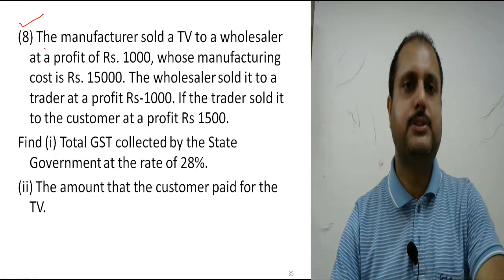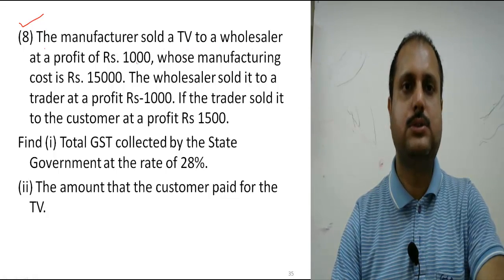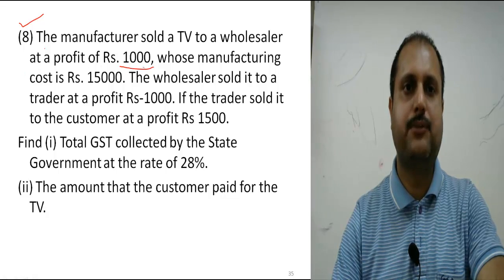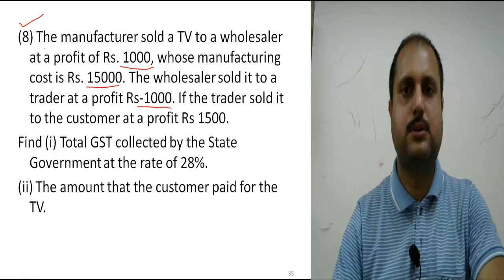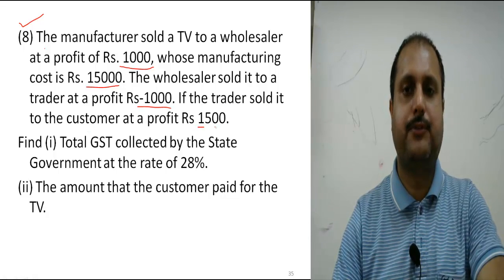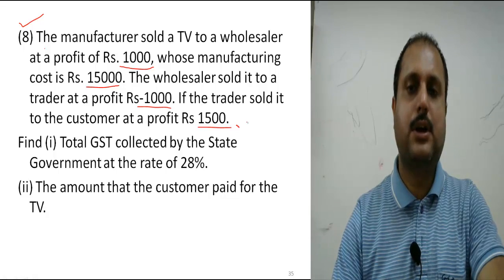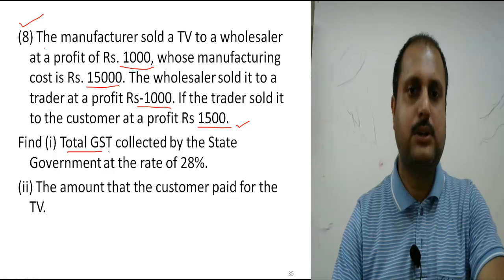Question number 8 is telling: the manufacturer sold a TV to the wholesaler at a profit of rupees 1,000, whose manufacturing cost was 15,000. The wholesaler sold it to a trader at a profit of 1,000. The trader sold it to the customer at a profit of 1,500. Now it is asking for the total GST collected by the state government.